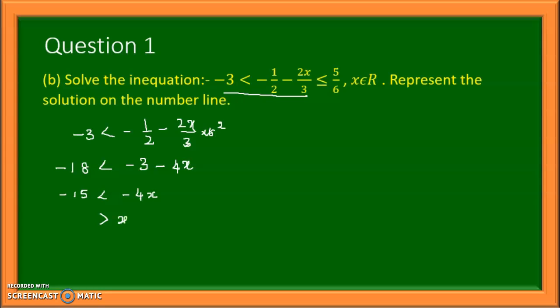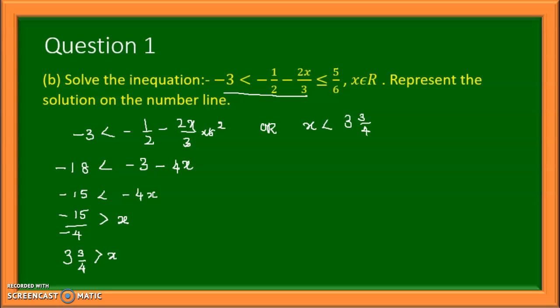So minus 15 divided by minus 4 is 15 by 4, nothing but 3 3 by 4, which is more than x. Or we can write x is less than 3 3 by 4. 3 3 by 4 is more than x means x is less than that.